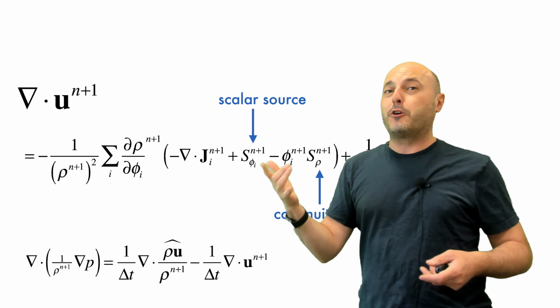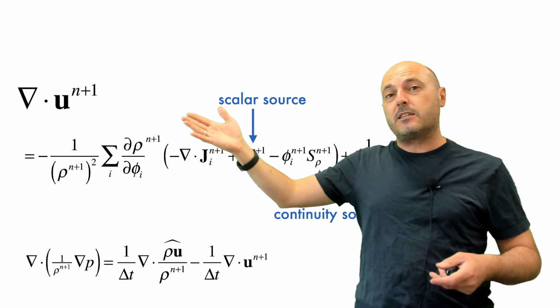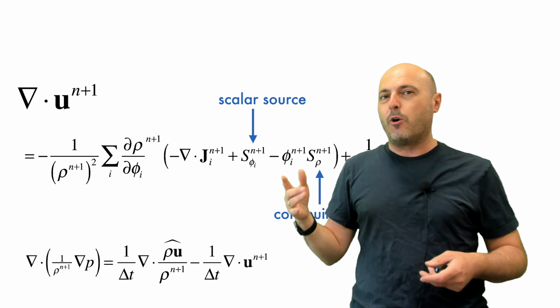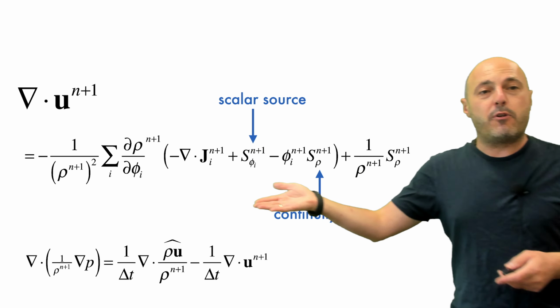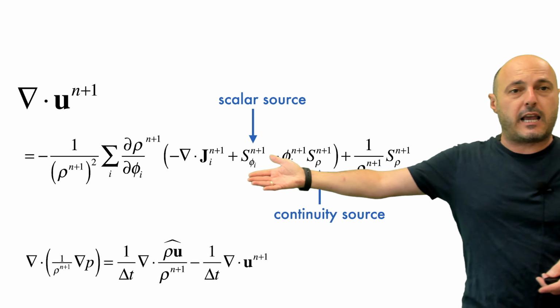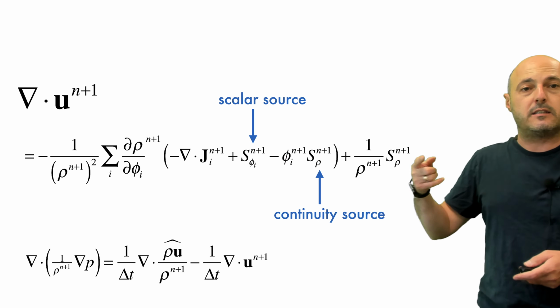If this term is 0, we recover the constant density case. But when this term is no longer 0, we notice that we don't necessarily recover order of accuracy, but that's a discussion for another time. Anyway, and then you have source terms from the scalar transport for the continuity equation and also density over here.